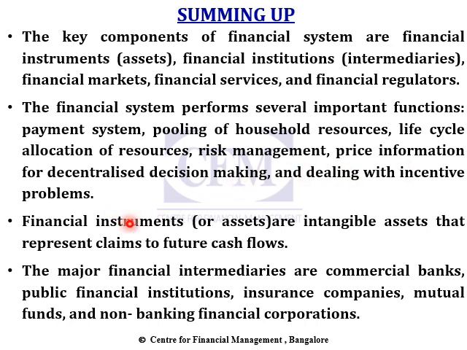Financial instruments are intangible assets that represent claims to future cash flows. The major financial intermediaries are commercial banks, public sector financial institutions, insurance companies, mutual funds, and non-banking financial corporations.